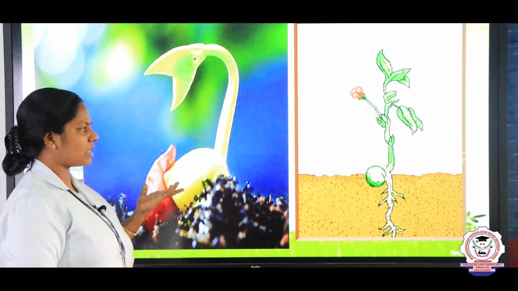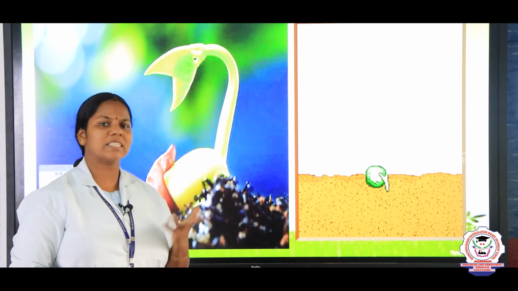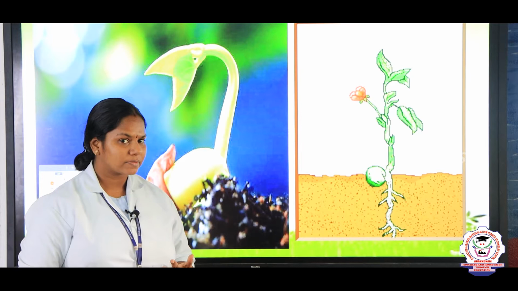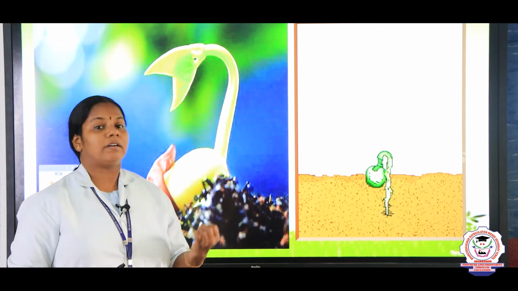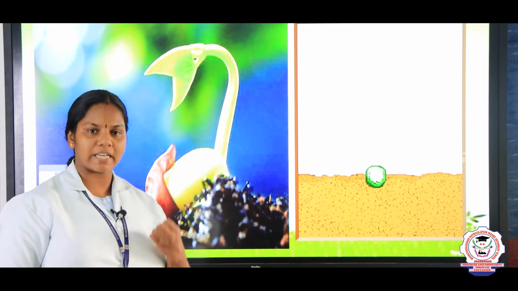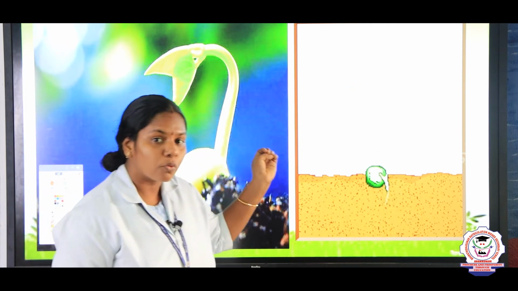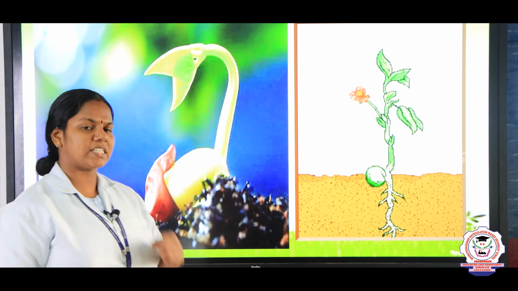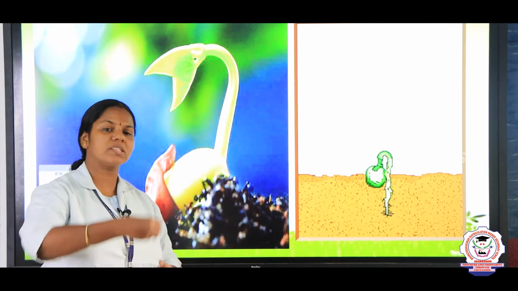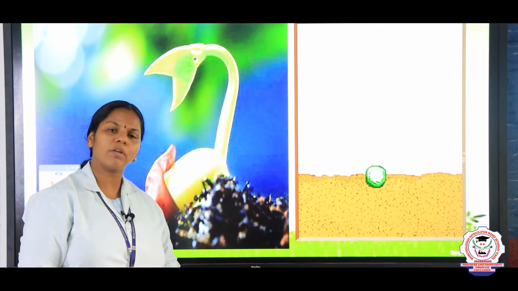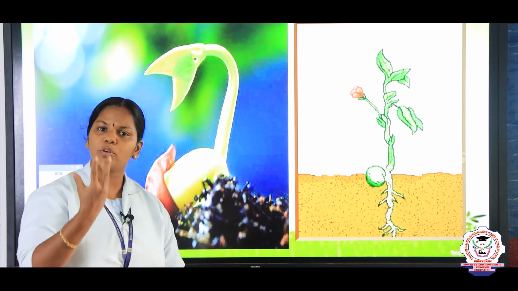So, just look at this picture children. What is a seed? Yes, seed is a fertilized ovule. After fertilization, ovule becomes a seed and ovary becomes a fruit, right? Just imagine what happens if we sow the seeds on a fertile land. Immediately it will start to grow?